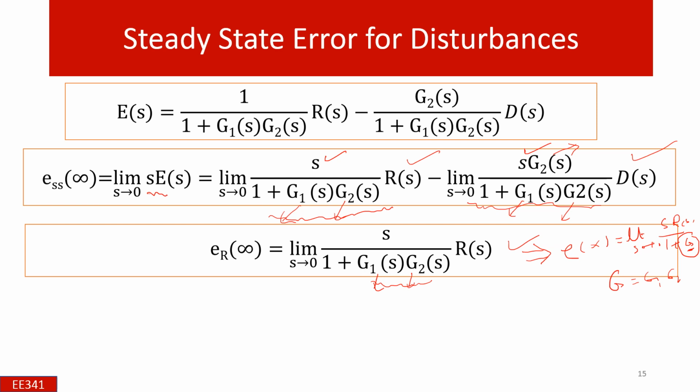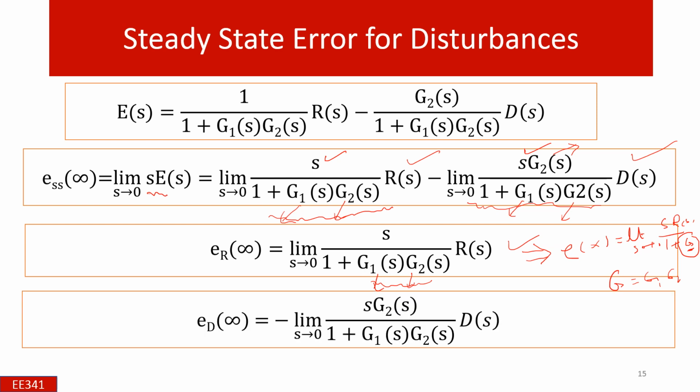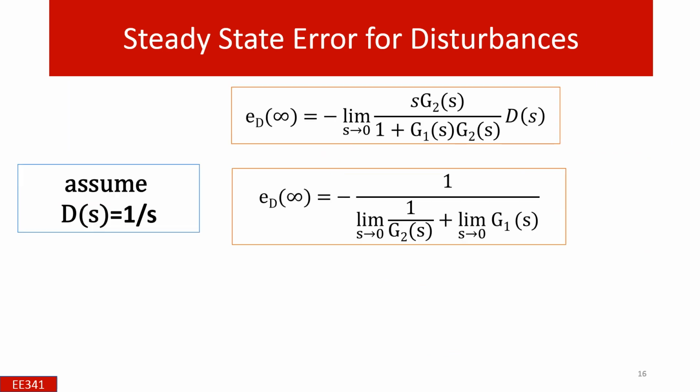The next term is the steady state value which is dependent on the plant transfer function and the product of the plant and controller transfer functions. Both of these relations are very important, and we use them with different types of input values. Separately, we find the steady state error due to the disturbances.